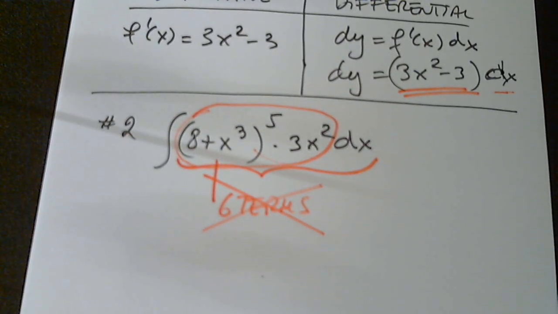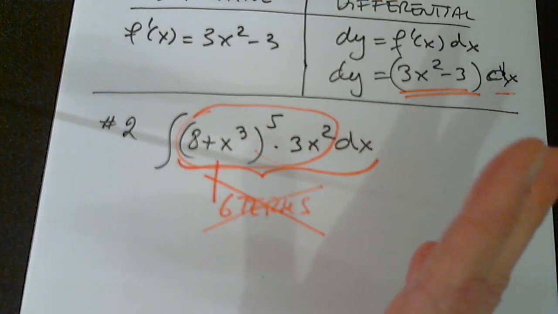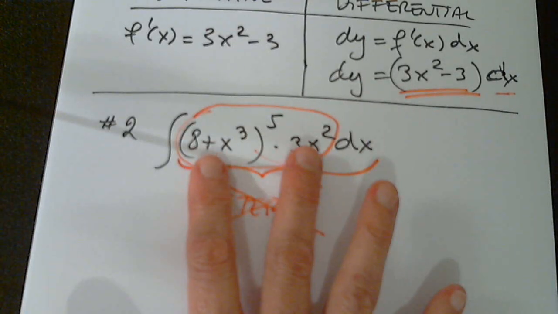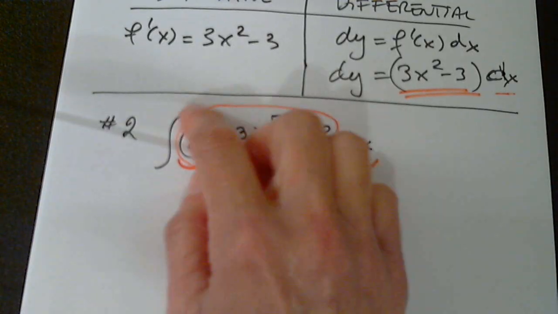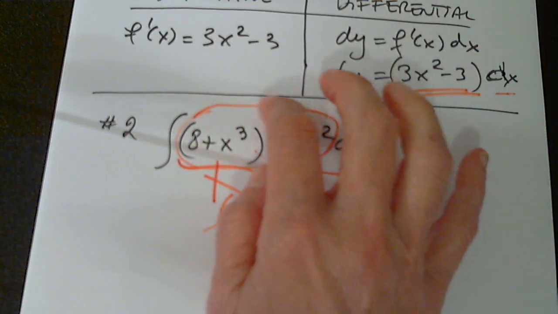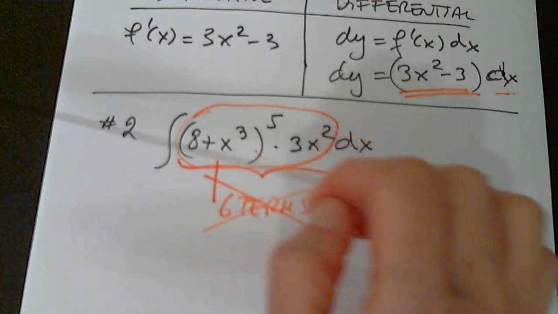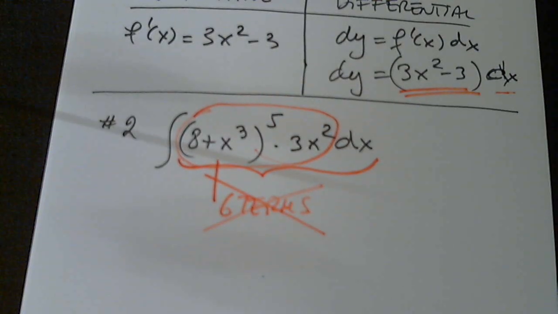Instead, we're going to analyze these two pieces and say, which of these two pieces is more complicated? I know it's a silly question, but follow me, please. Is it this that is more complicated, or is this that is more complicated? What do you think?